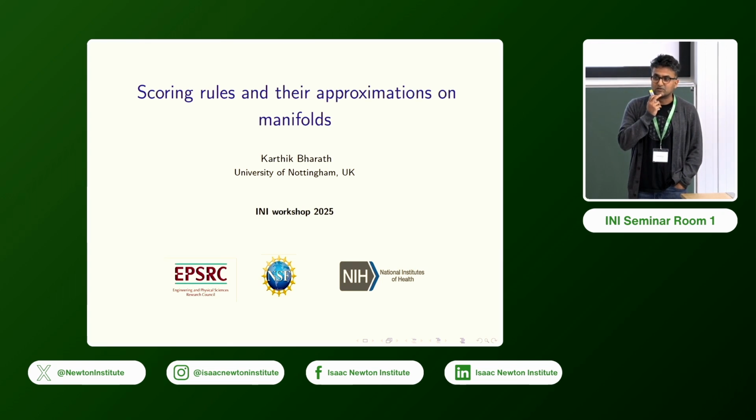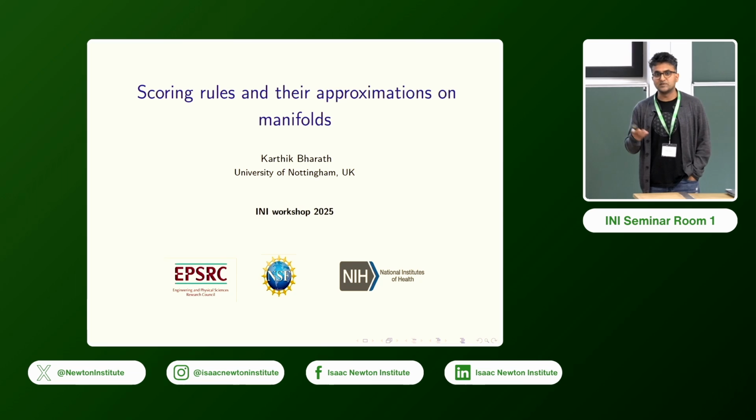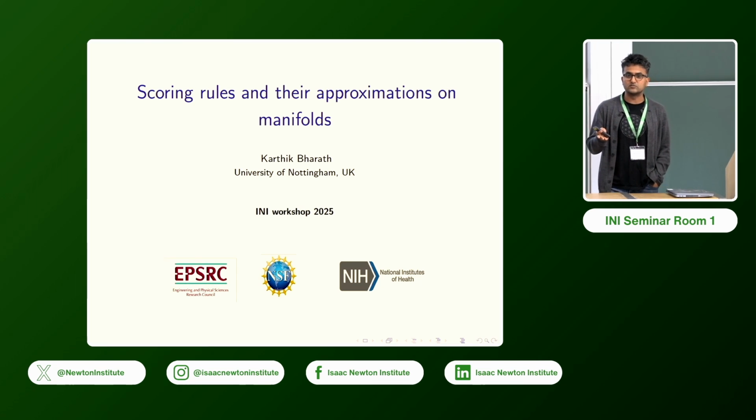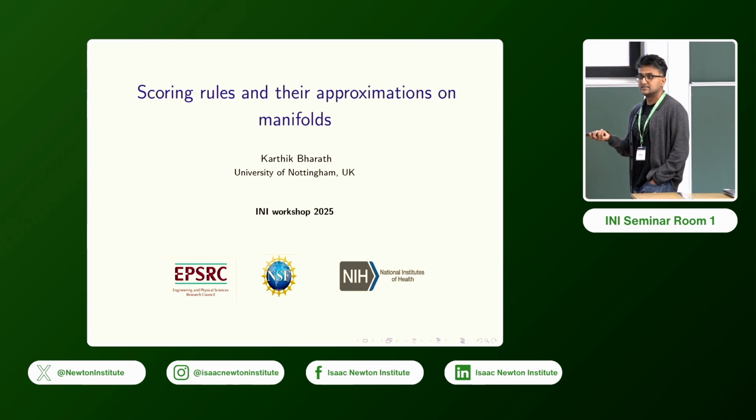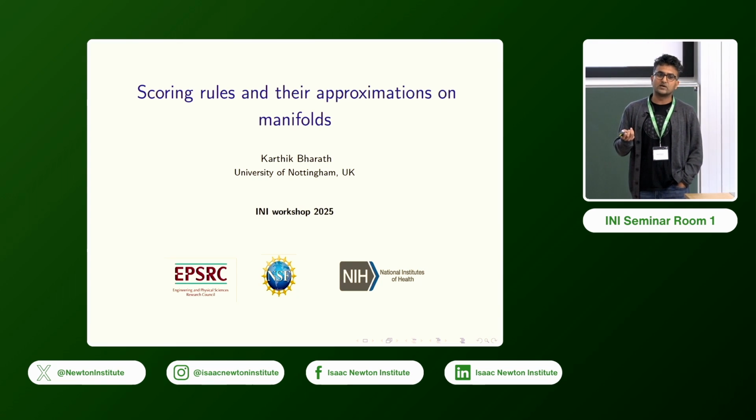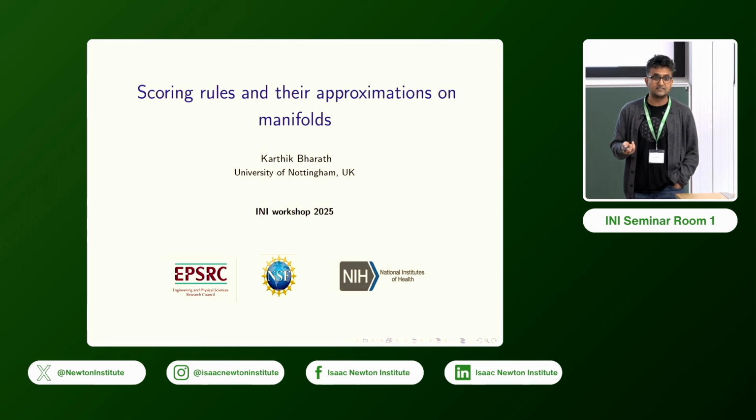So what I thought today is to speak more broadly on some basic issues if one wanted to define scoring rules on manifolds, and pose the question whether taking into account the curvature is in fact necessary, depending on the kind of application one has in mind, or whether it's possible to completely bypass it altogether using some kernels. And then ask the question, offering no answers, whether that leads to something useful.